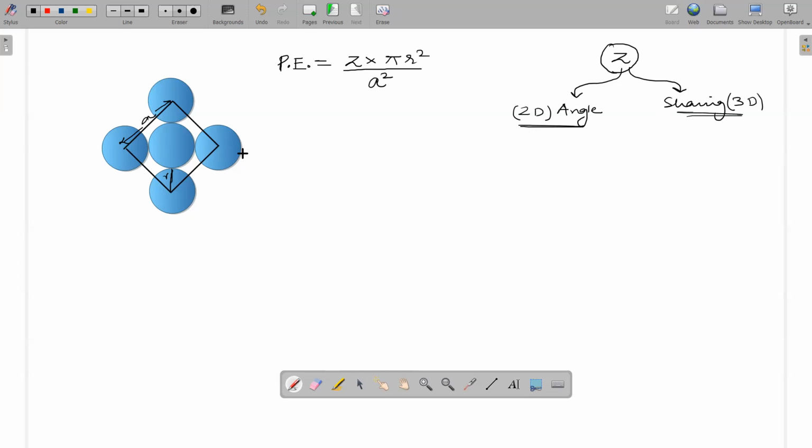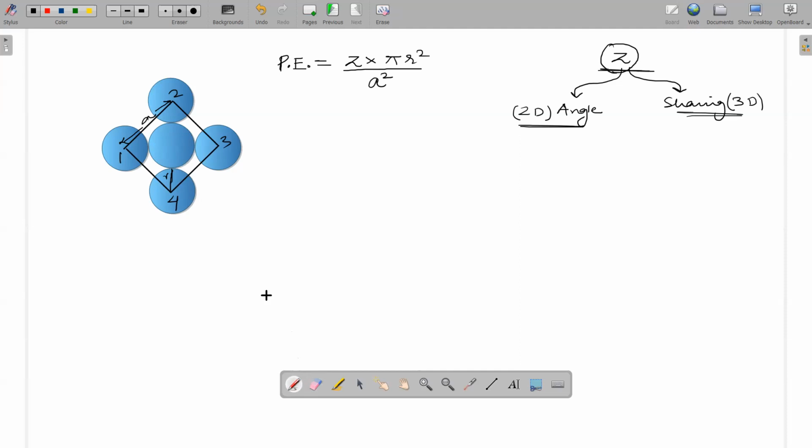So this is 2D. How will we calculate Z if we have a 2D structure? Just take any atom. Mariam, your choice. 1, 2, 3, 4 and 5. You have 5 atoms. Choose any one. The fifth one. Okay, very good. Let us start with the fifth one.